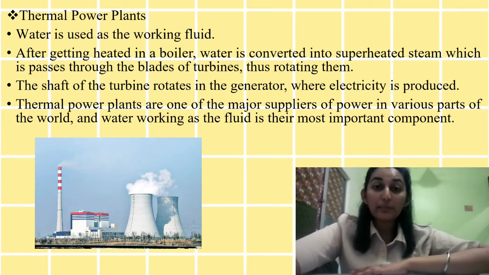This process helps the electricity to be produced. Thermal power plants are one of the major suppliers of power in this world. Water working as a fluid is the most important component in thermal power plants.